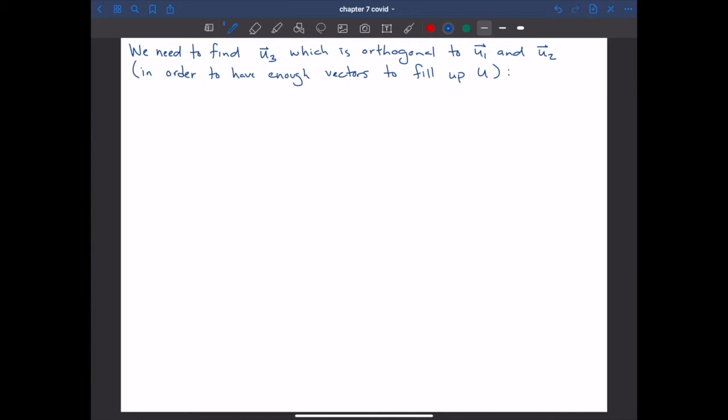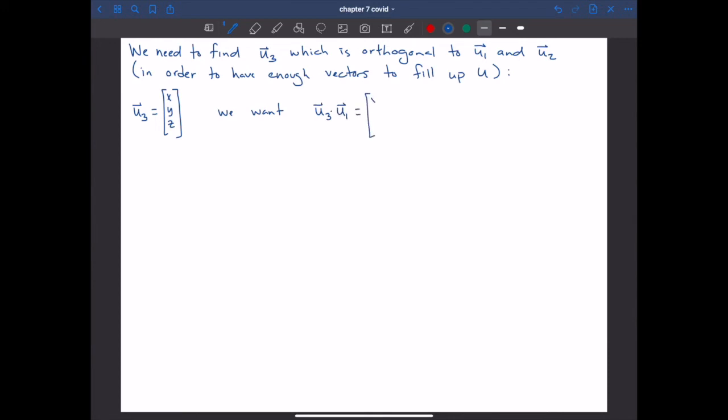Let's say the vector we're looking for, U3, is equal to x, y, z. We don't know what it is yet, but we want the dot product of U3 and U1 to be 0.